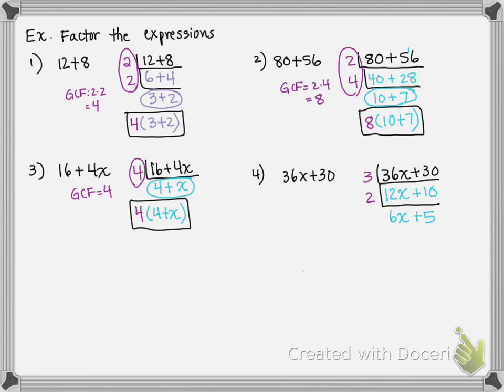All right, no way I can pull anything more out, so I grab my vertical numbers, I multiply them to figure out the GCF. I have 3 times 2, and that gives me 6. So 6 is going to go out in front. And I grab what's at the bottom of my factor ladder, and that's going to go in the parentheses. And my value is now fully factored.